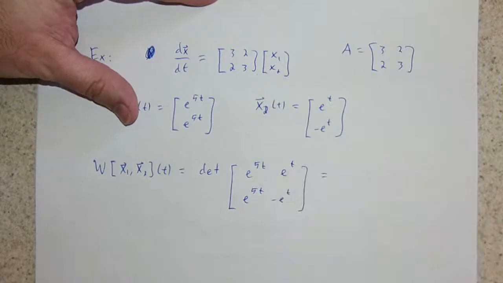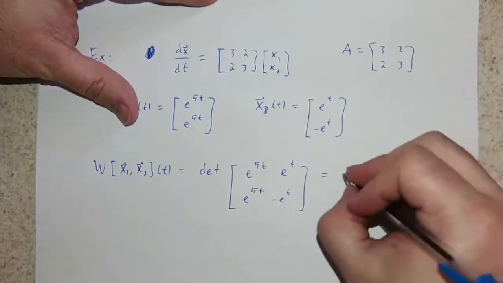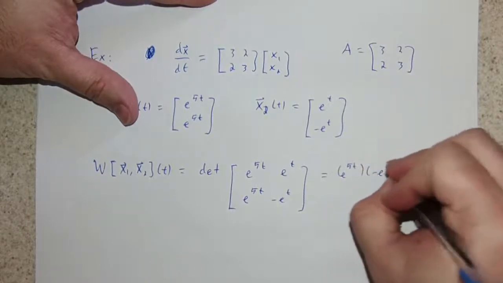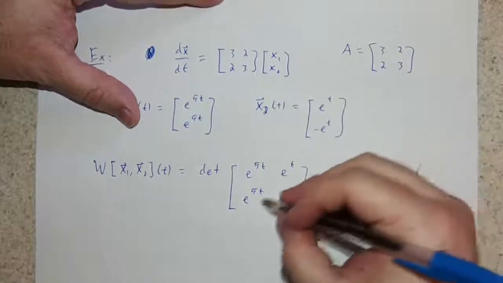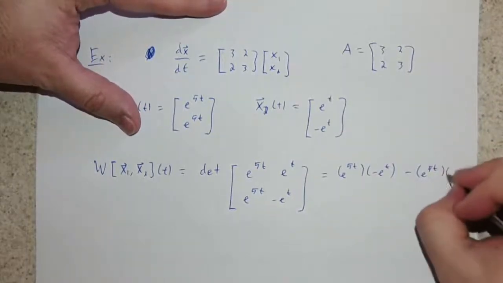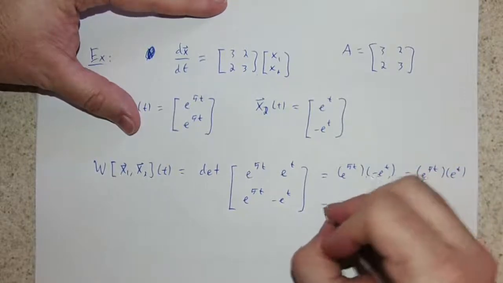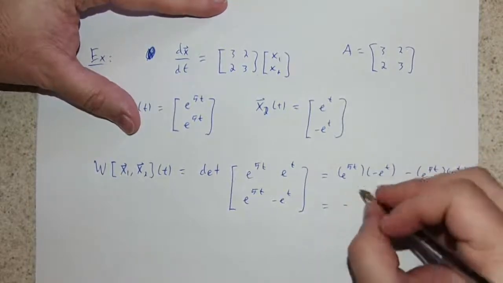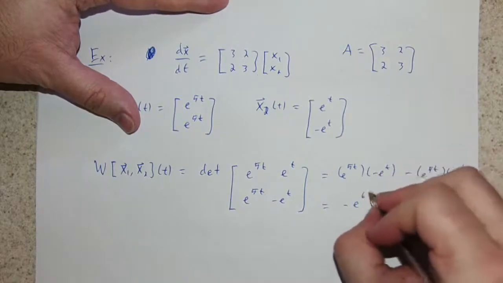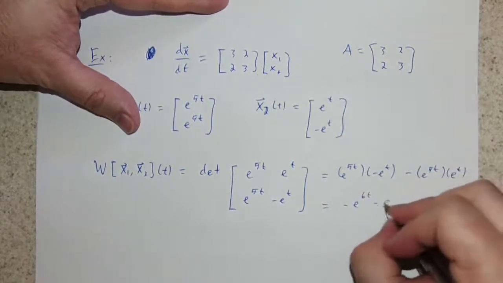So computing this determinant, what do I get? I would get e to the 5t times minus e to the t, minus e to the 5t times e to the t. And so this would be minus e to the 6t minus e to the 6t.